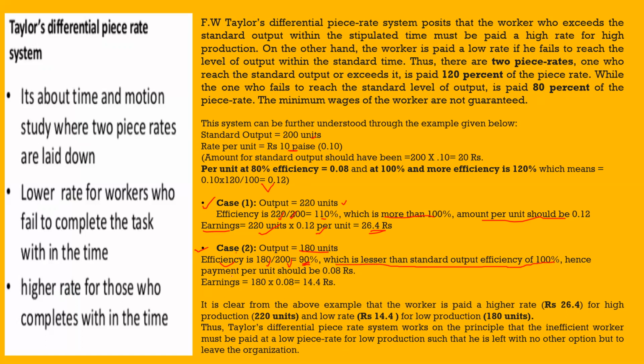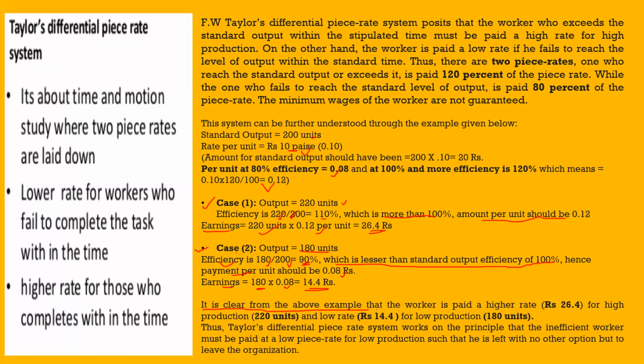Hence payment per unit should be 0.08, that is 80% of 10 paise. Earnings are 180 units into 0.08 per unit, so he is paid 14.4 rupees. This is how we calculate under F.W. Taylor's differential piece rate system.